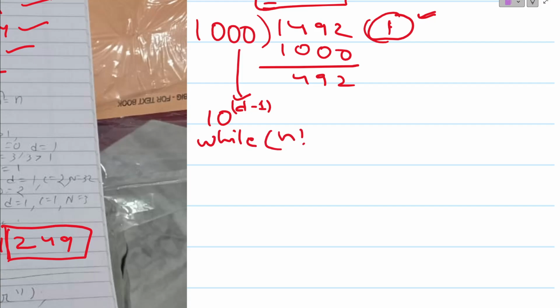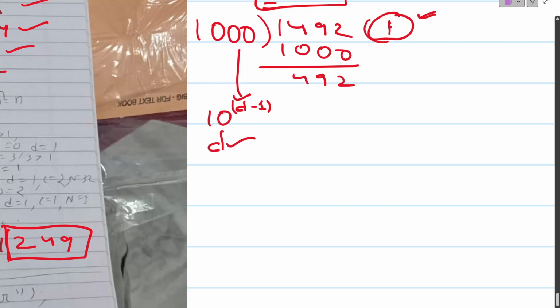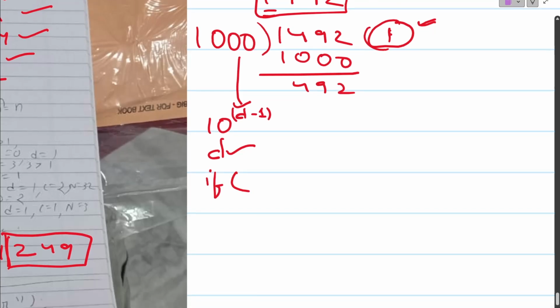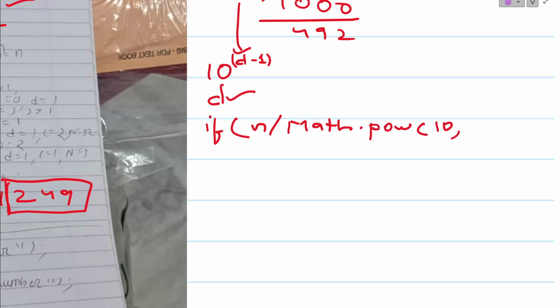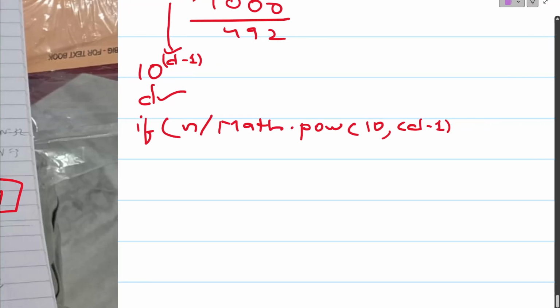While n, I am writing this after considering that d already contains the number of digits. So here, if I find number divided by math.pow, I'm just writing the formula, 10 comma d minus 1, let me put a bracket, is equal to 0, then what happens, it will break.